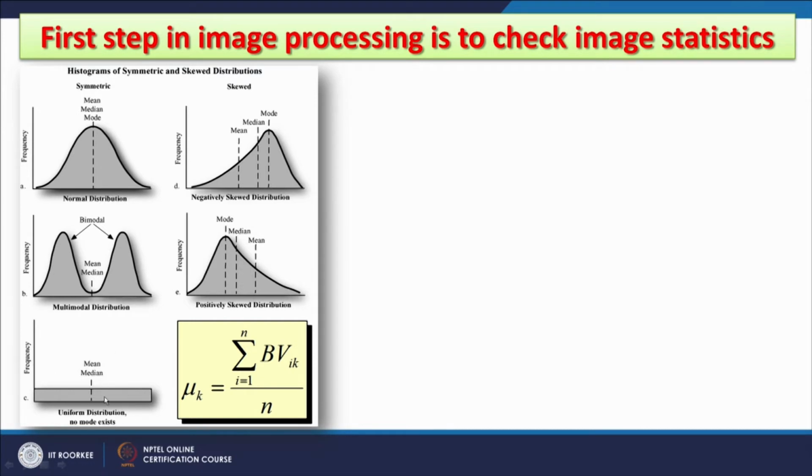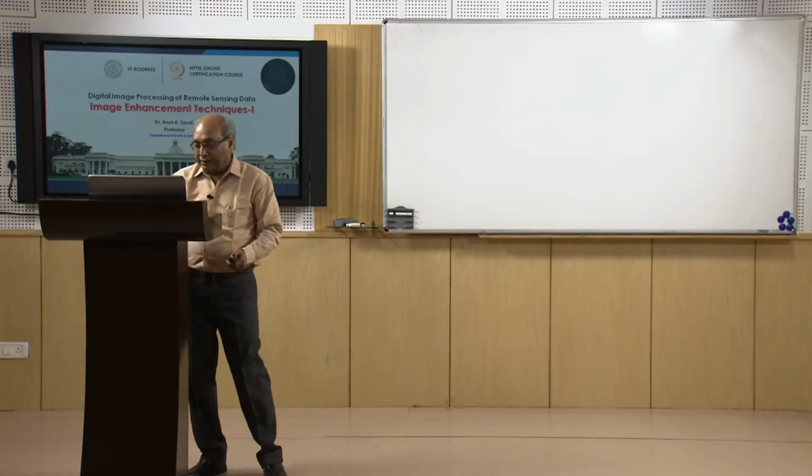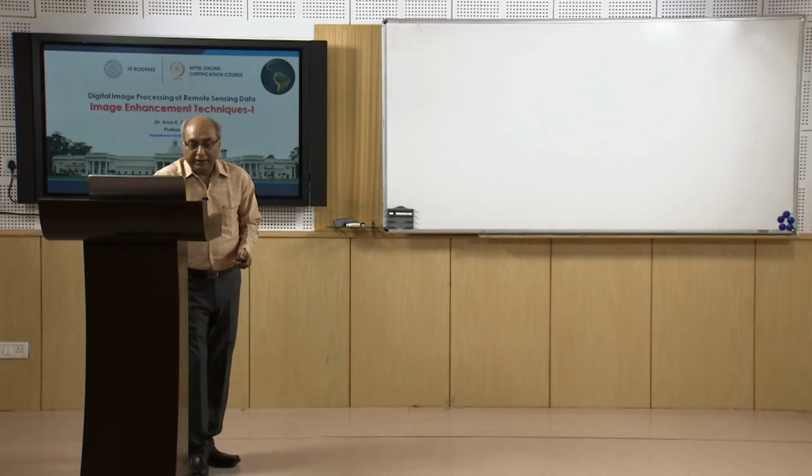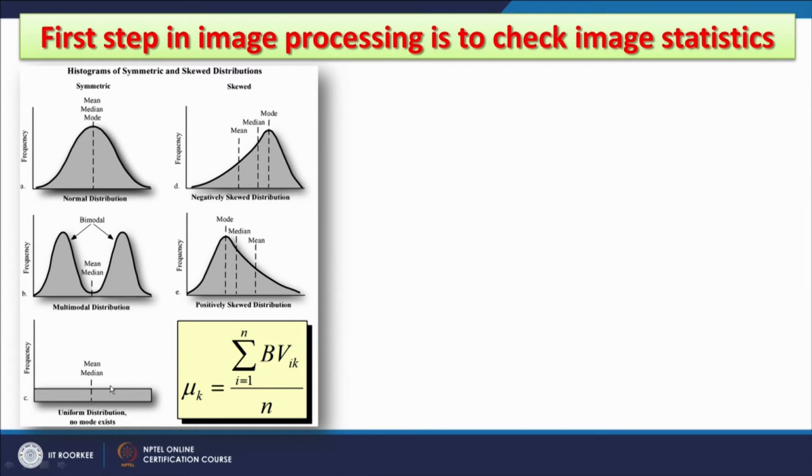Again, a uniform distribution is rare, only if you have acquired the data of a completely snow covered area, and that too a flat area, or a completely desert terrain where no land features, no vegetation, no water bodies are there, and therefore you might get more or less a histogram like this.